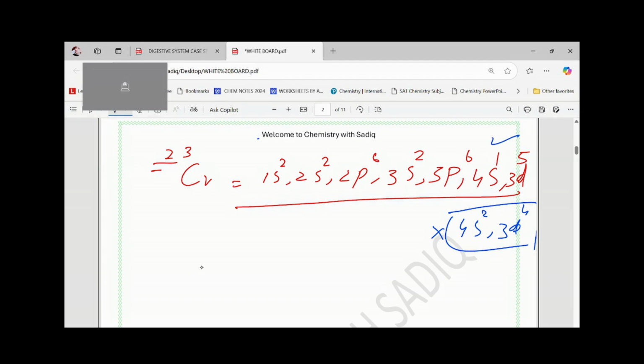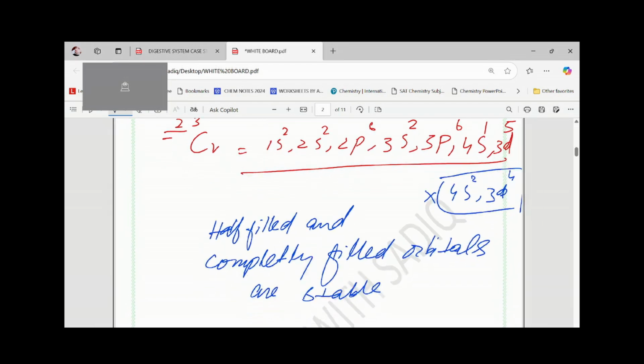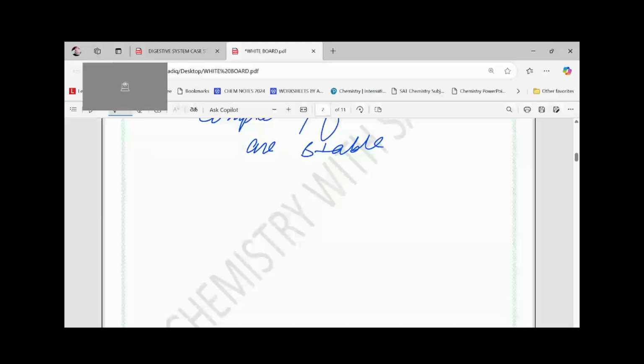The reason is that half filled and completely filled orbitals are stable. Okay, keep that in your mind. Right, so now what is half filled and completely filled?